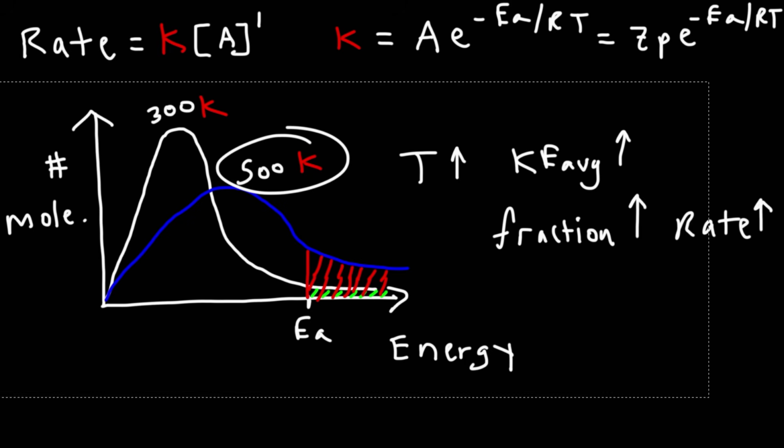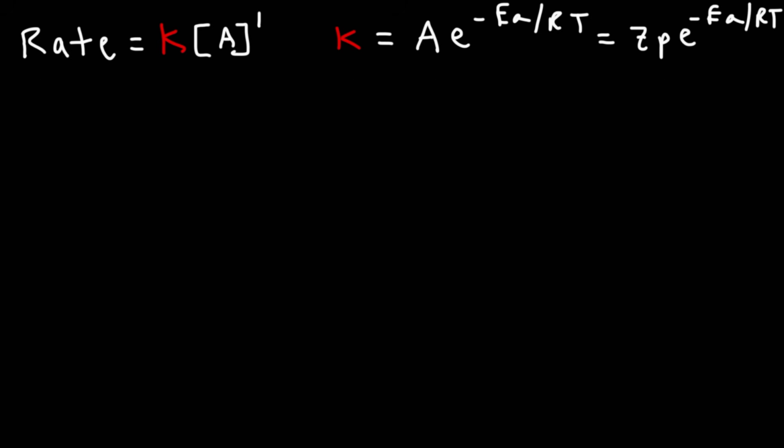Now let's talk about what's going to happen if we were to add a catalyst to the reaction. What do you think is going to happen if we introduce a catalyst? A catalyst has the effect of lowering the activation energy. Now here's a visual description of that.